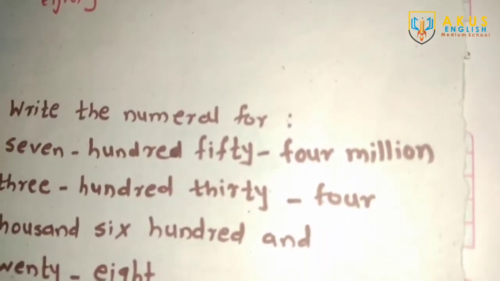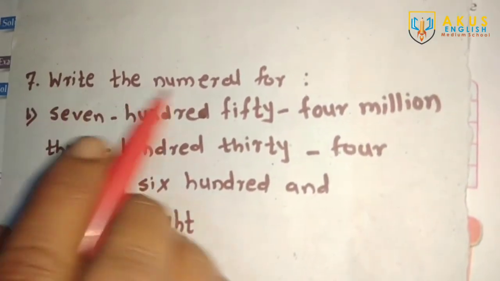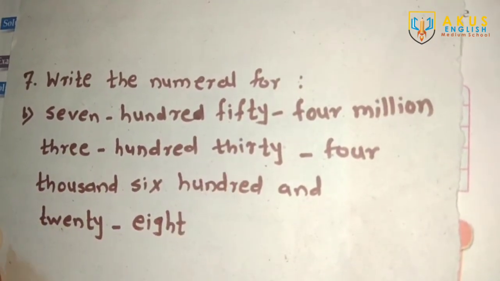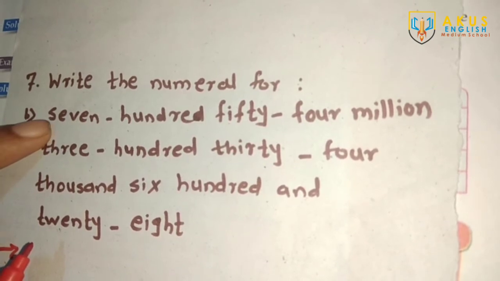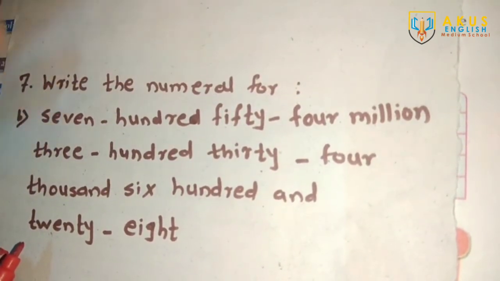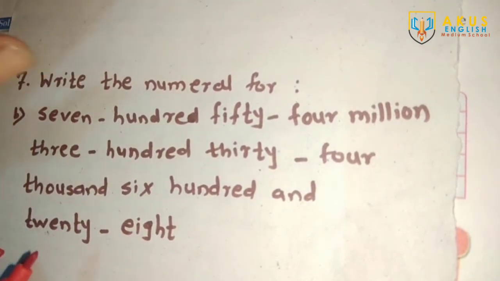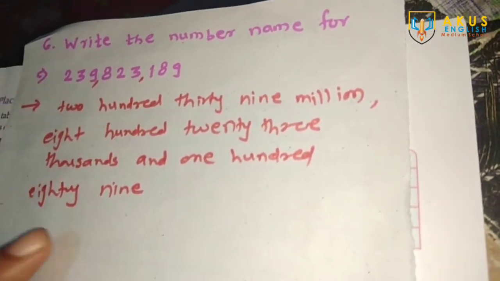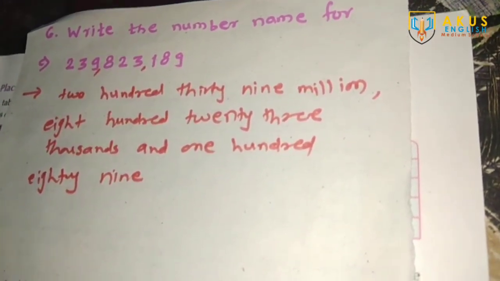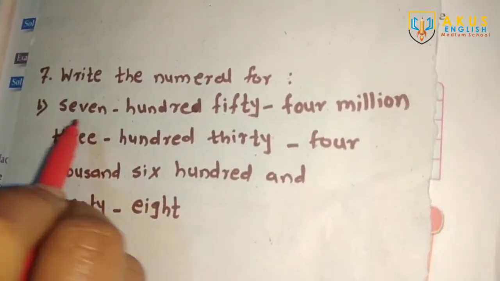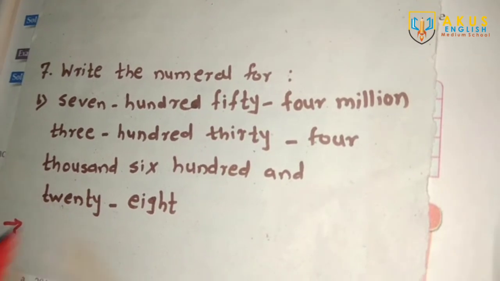Okay. Now the last one, write the numeral form. Now the number name is given, you have to form the number or numeral. 754 million, exactly opposite to this one. You can see here the upper one and this lower one. There the number was given and you had to write the number name. Now here the number name is given and we have to form the numeral. Now 754 million.